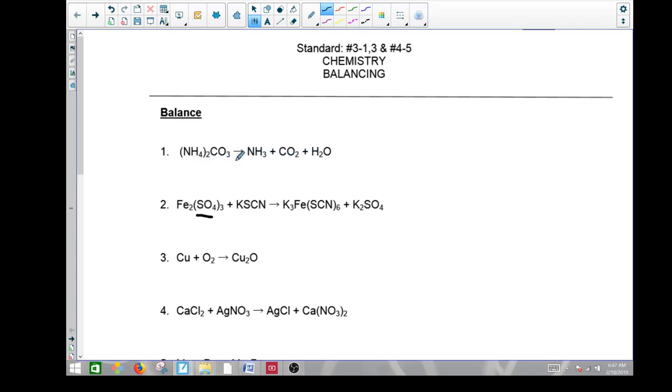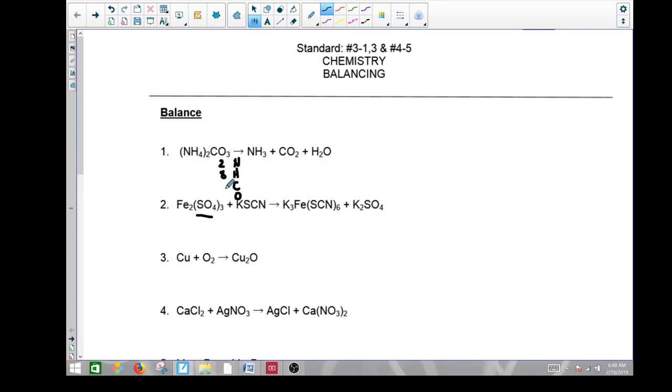My atoms here are nitrogen, hydrogen, carbon, and oxygen. My first step would be to do an inventory. This is a long step, but some kids like it, some kids just move along. 2 times 1 is 2. Then 2 times 4 is 8.